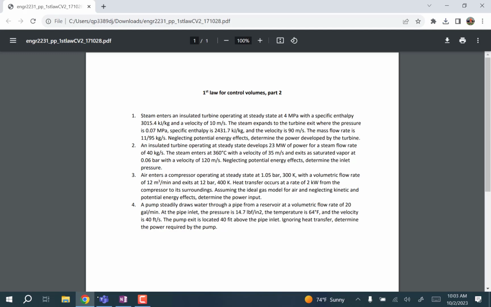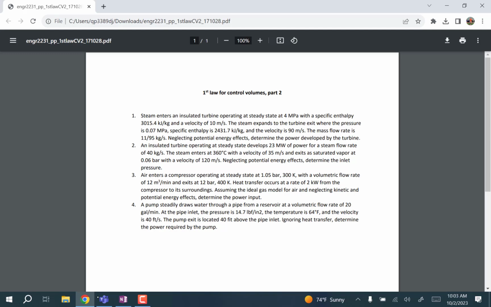It tells us the temperature and the speed at the inlet, and it exits as a saturated vapor. Neglecting potential energy.